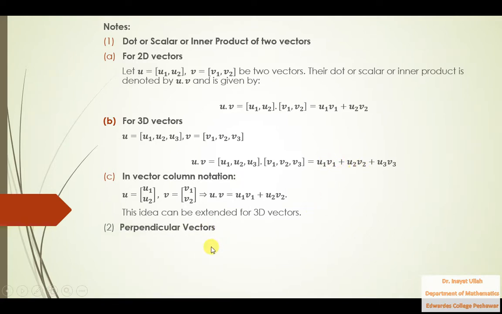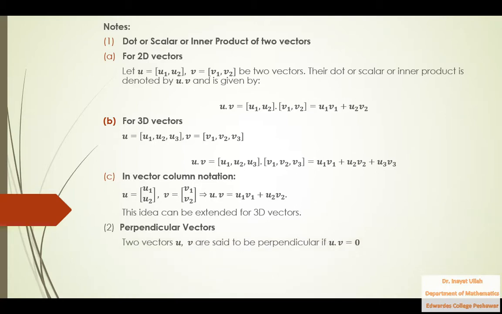Now perpendicular vectors. How could you know that two vectors are perpendicular to each other? Two vectors will be perpendicular to each other if the angle between those two vectors is 90 degrees. So we say that these two vectors are perpendicular to each other.